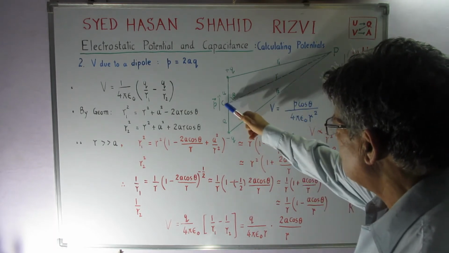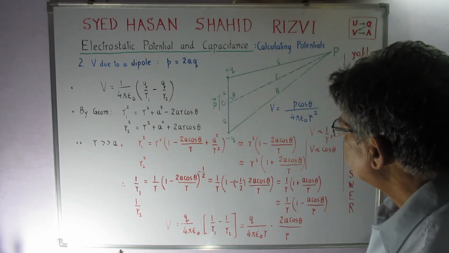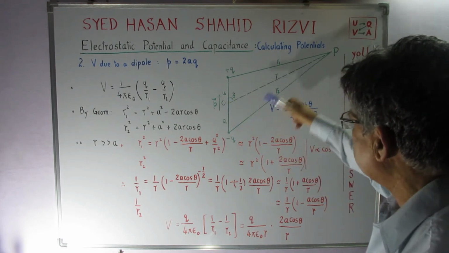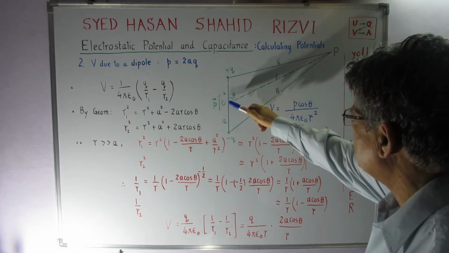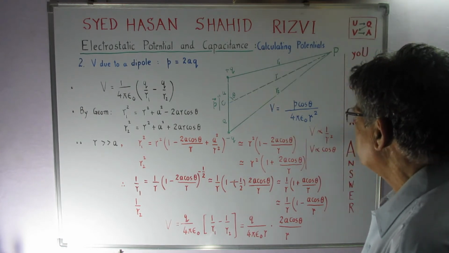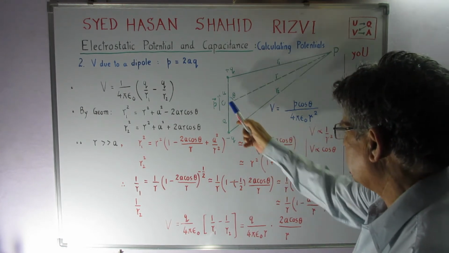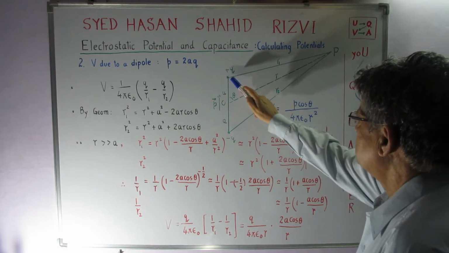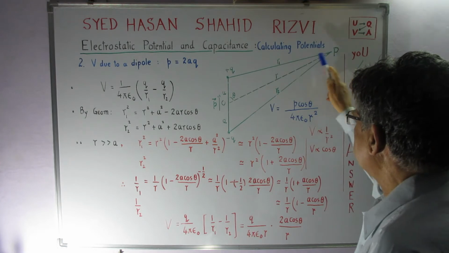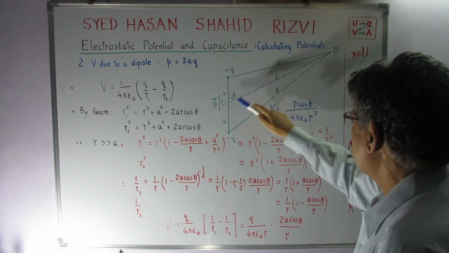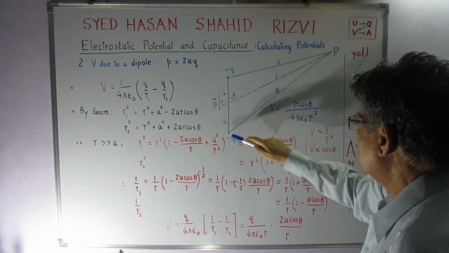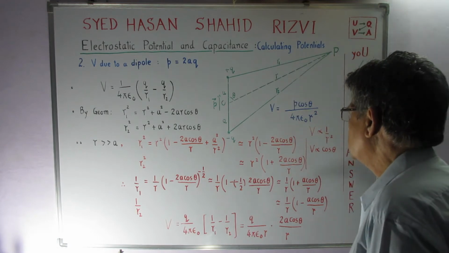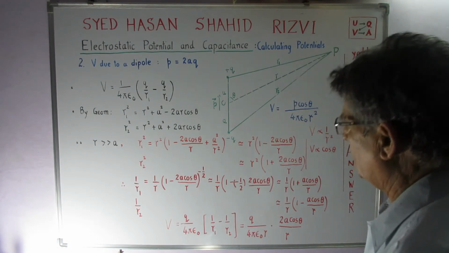This is the center of the dipole, and all distances to this point have been taken with respect to this being the center. From the positive charge to P it is equal to R1, from the center to P it is R, and from the negative charge to P it is equal to R2.